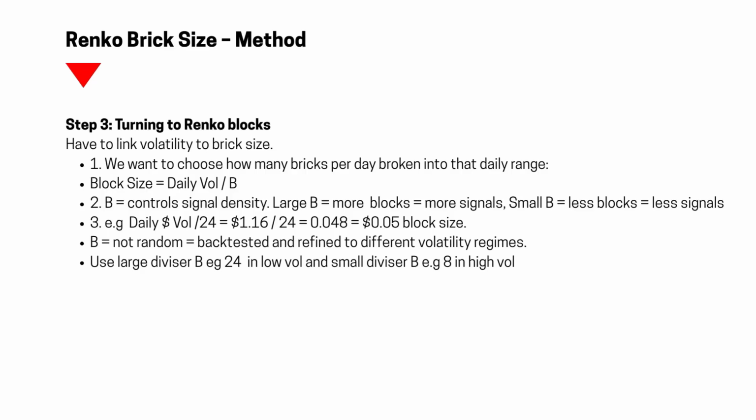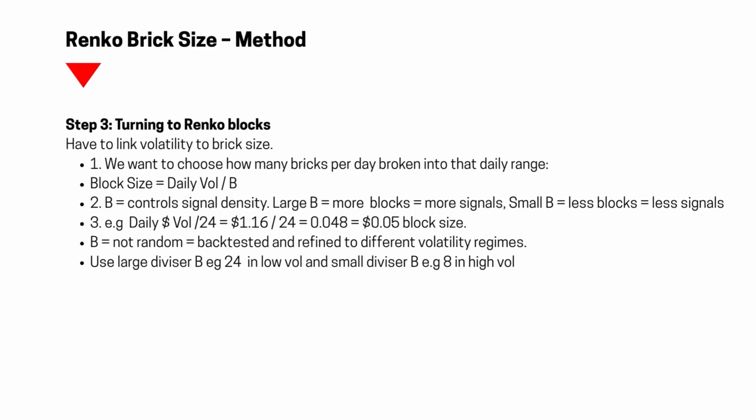So I've looked at the charts, and we can see that the volatility is very low at the moment. Remember, it's down in the early 20s, when a few months ago it was up in the high 80s. So really we need a small block size to give us the granular signals, the amount of signals that we need to be able to day trade this type of strategy.